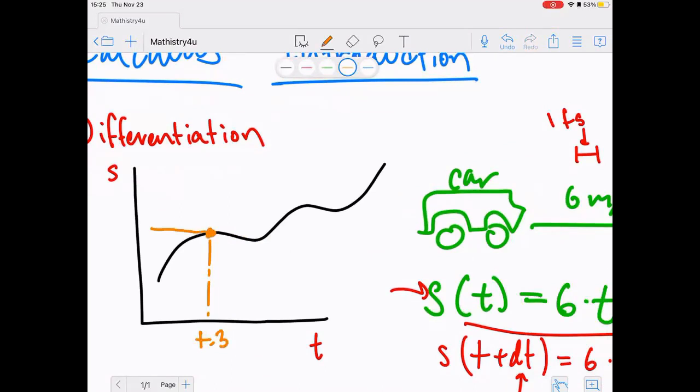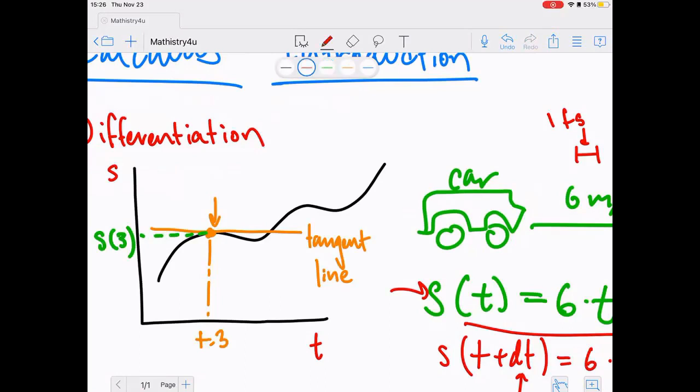It's just that I'm picking t equals 3 because drawing the tangent is a little bit easier. That's the tangent line, because it only intersects the graph at that one point, at time t equals 3. So your x coordinate would be 3, your y coordinate would be s of 3. Okay, whatever that is, we don't really care.